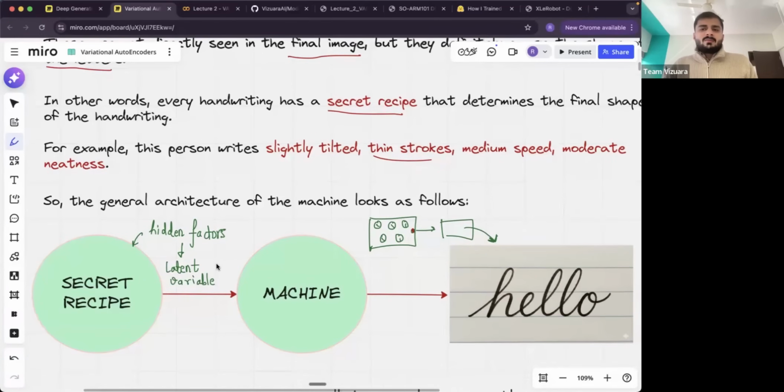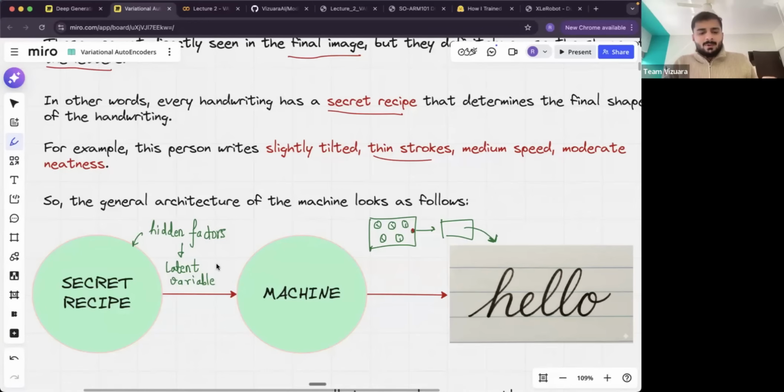It seems somewhat intimidating, but all it means is we are capturing the hidden factors which are causing the variation in the images. They are called latent because they are hidden. They don't present themselves to you directly when you see the handwriting, but you have to dig a level deeper to understand what these latent variables are.